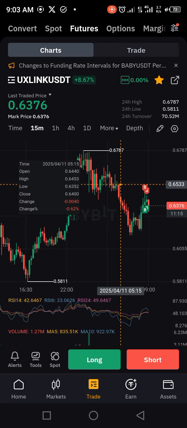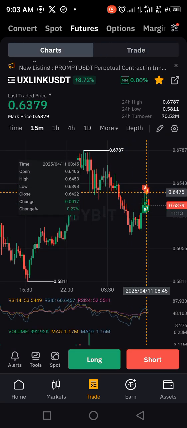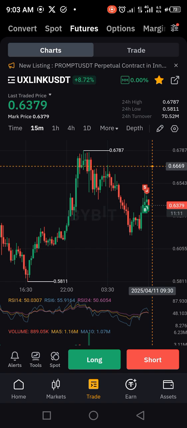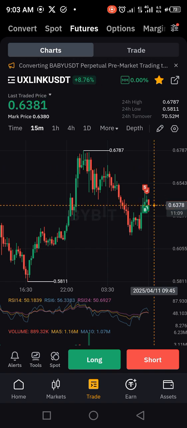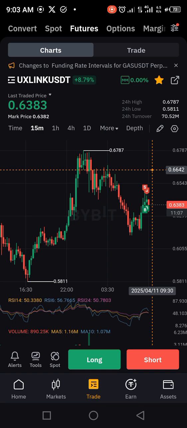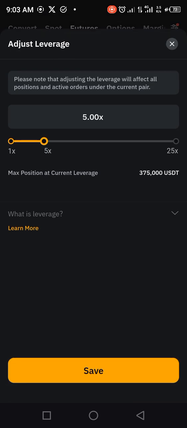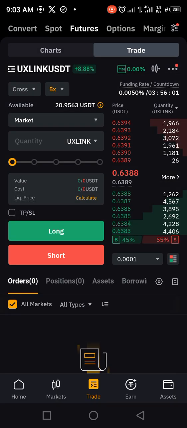If this market now moves up by, let's say, 5% move, just 5% move to the upside, multiply that 5% by this 5x leverage that you have used, that is, you have made 25% of whatever amount you are using to trade this particular coin, right?